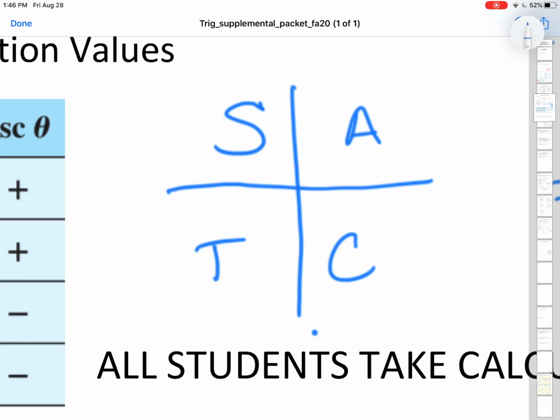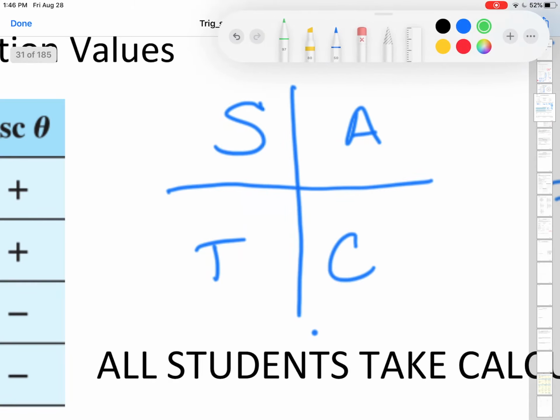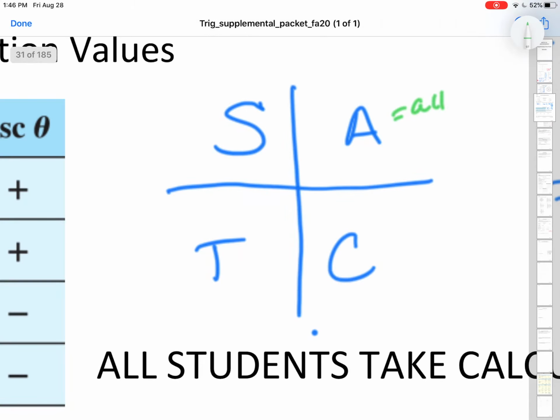A means all. Right? Every single trig function is positive in that quadrant. S means sine. So only sine theta and its flip, so who's its flip? Cosecant theta, would be positive in this quadrant.